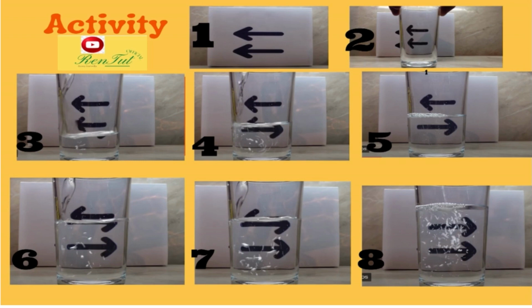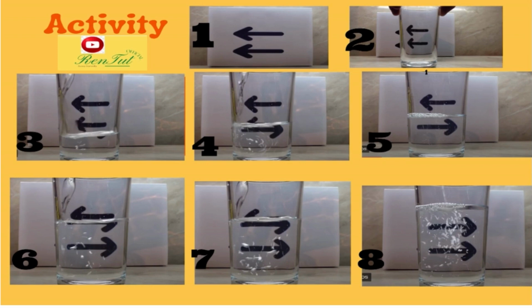Now the paper is against the wall, and an empty glass is kept right in front of the arrow. Now you have to see the arrow from the front side. Once you see it from the front side, there is no difference. It looks the same as if you had drawn it on the paper itself.